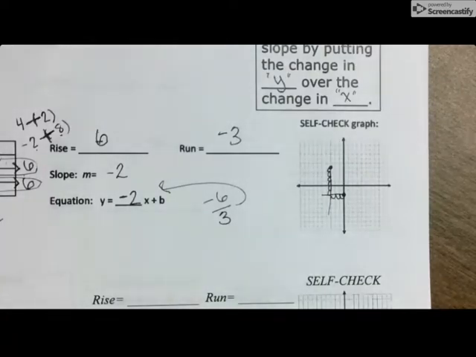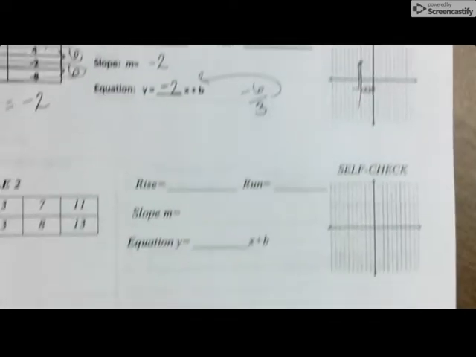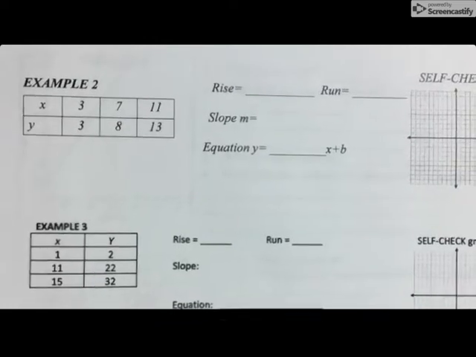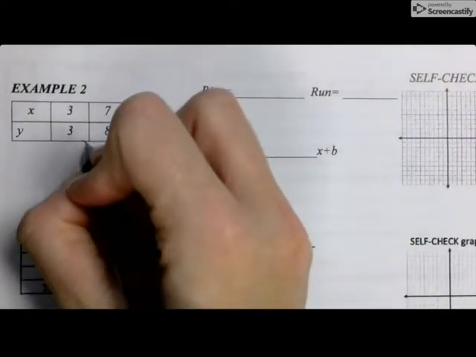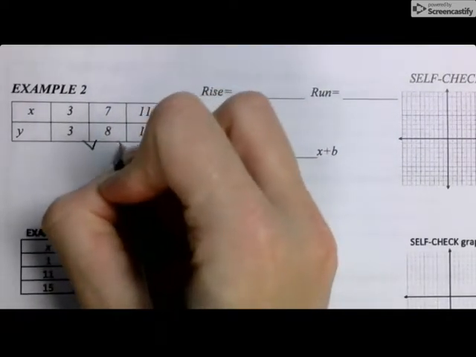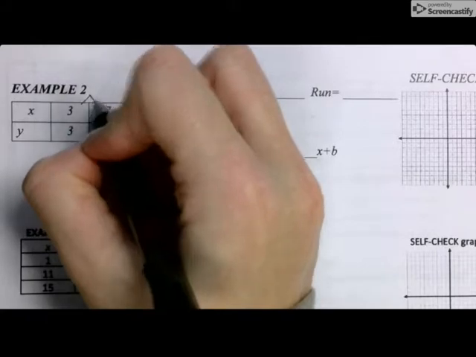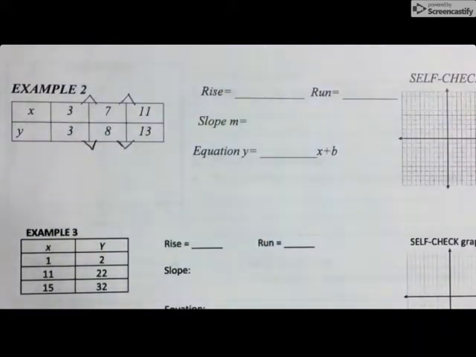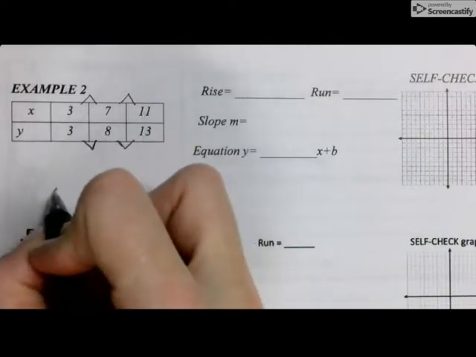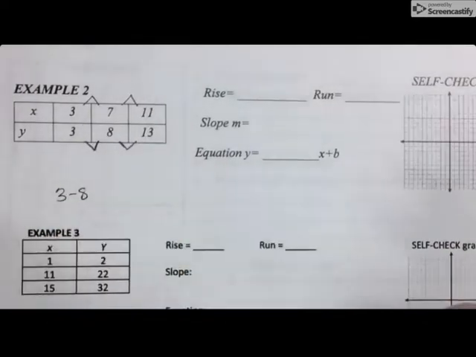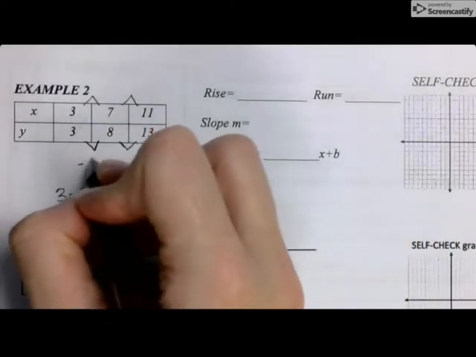Now, in the next one, let's do the same thing. It looks different. It really does. But it's okay. We are going to put our signs here and here, and here and here. So, we're going to do 3 minus 8, which gives you what? -5.